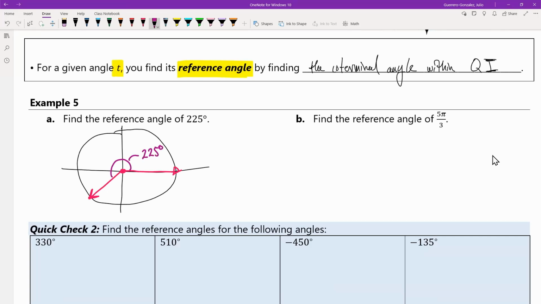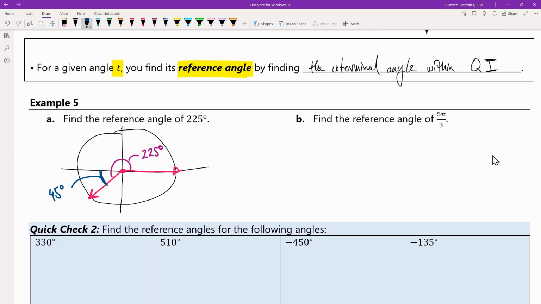We need the reference angle, so basically we want the angle that lives within quadrant 1 that we can reference when we do our computations. That is equivalent to this angle right here, and that angle right there is 45 degrees.